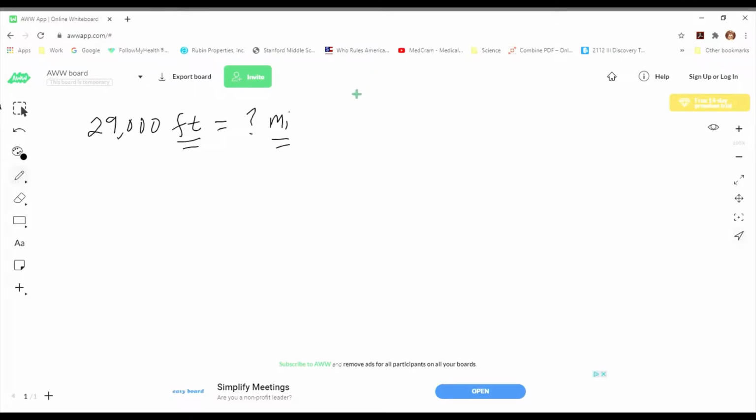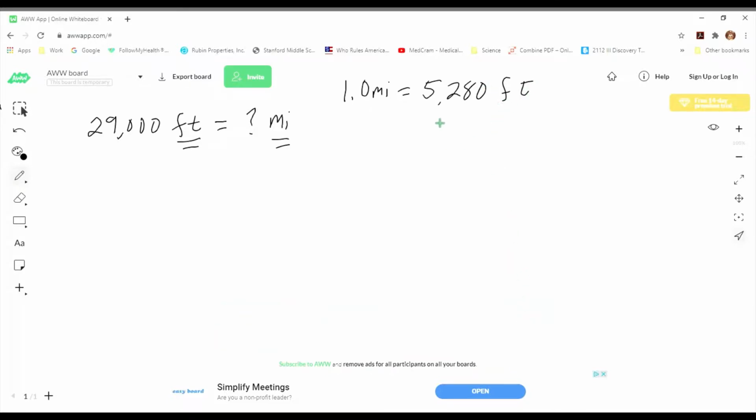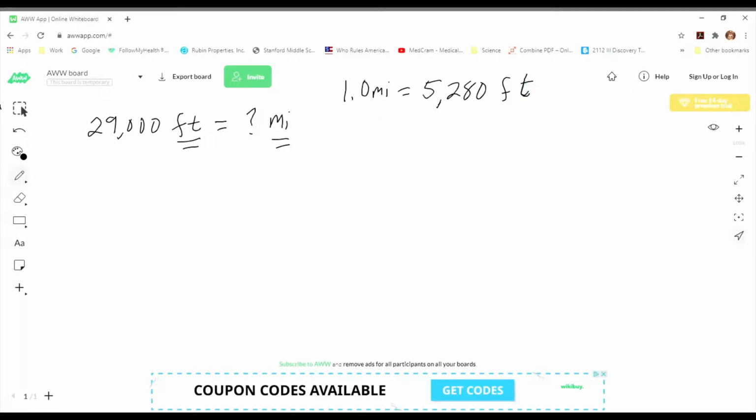What's the relationship? The relationship is that 1.0 miles equals 5,280 feet. So you're not going to have to know this. You will be given this. All I want you to do is be able to go ahead and do the conversion. So you don't have to know it. You'll be given any conversion that has an English unit related to it.